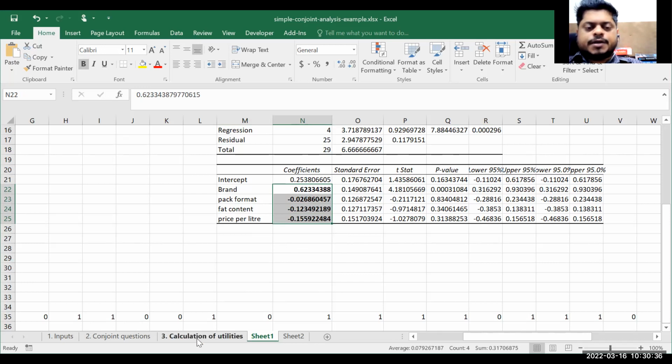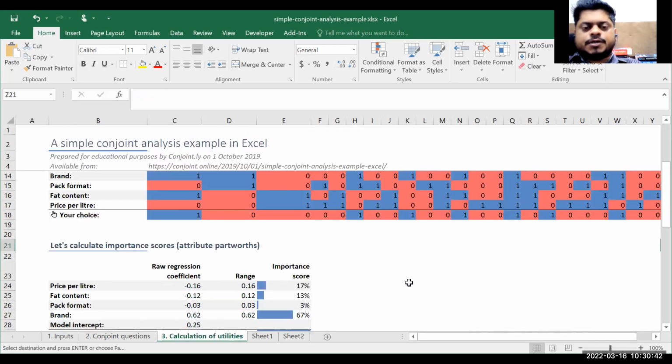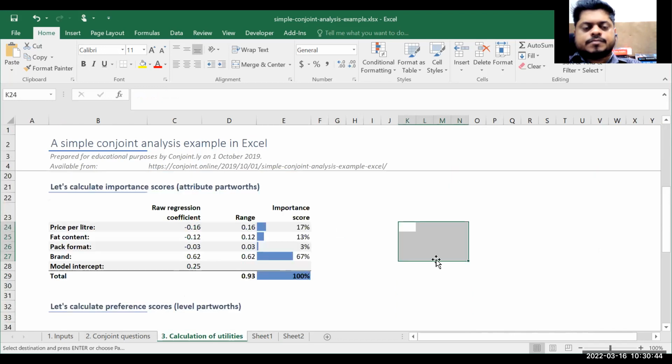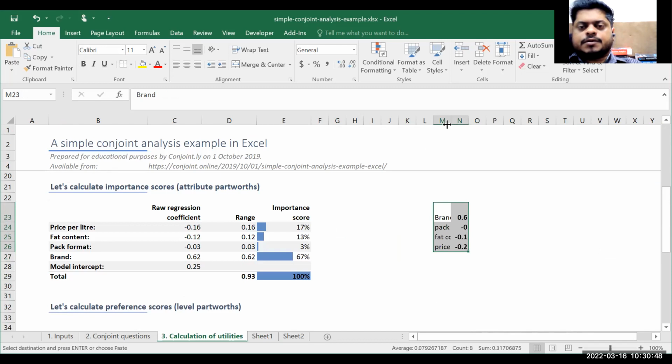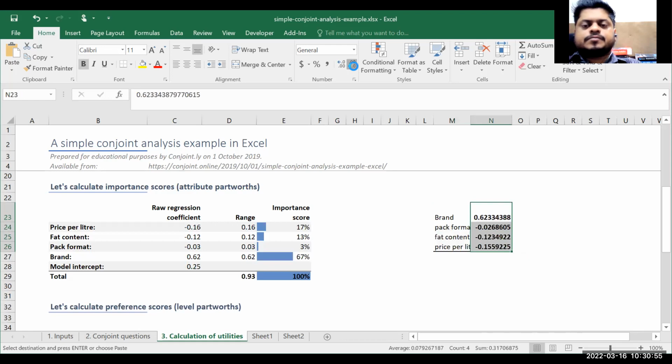So if I go back here, I'll show the same calculation. Let me just copy it here. If you see, they have done nothing but the same thing. This we got from our regression, right? Brand, 0.62, and here it is written 0.62.